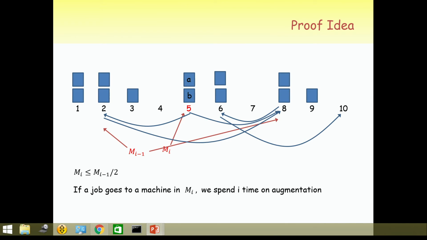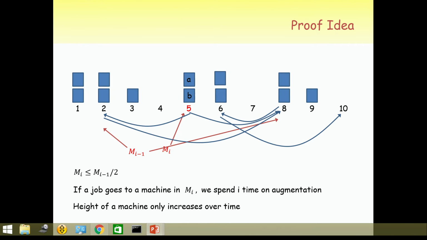And I claim that those 2 machines would have height i minus 1 or more, because if they had very small height, then 5 would also have very small height. So the fact that 5 has height i means that 2 and 8 have height at least i minus 1. And that kind of doubling allows you to prove this theorem. I'm not giving a formal proof, but that's the idea.